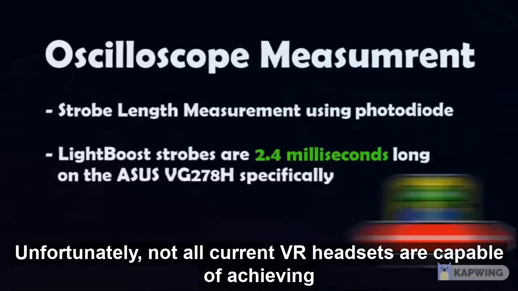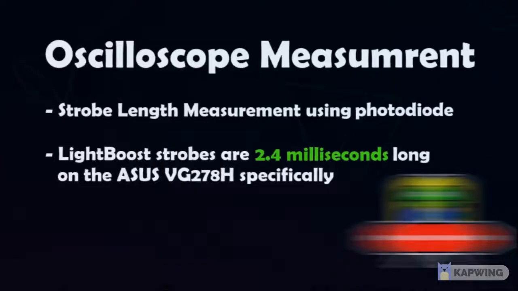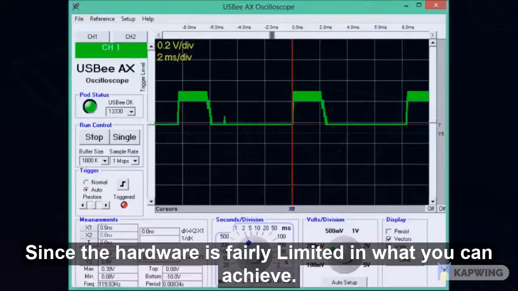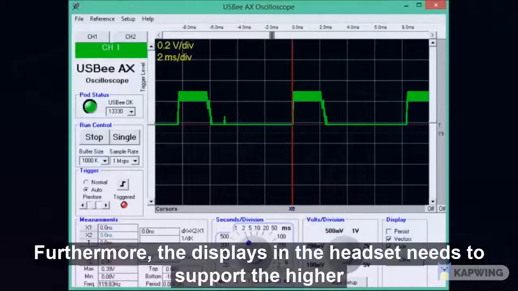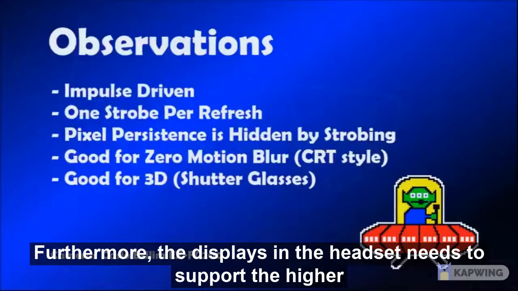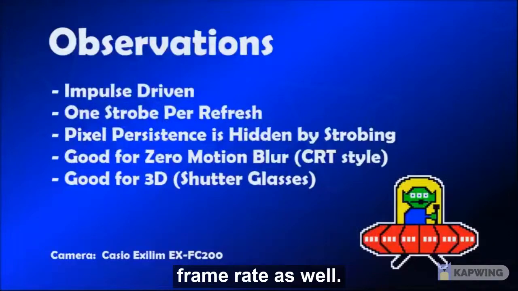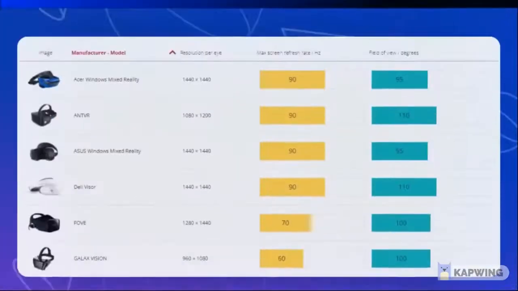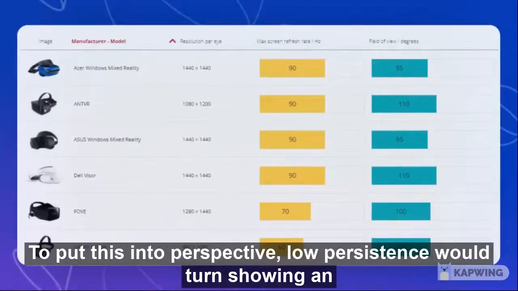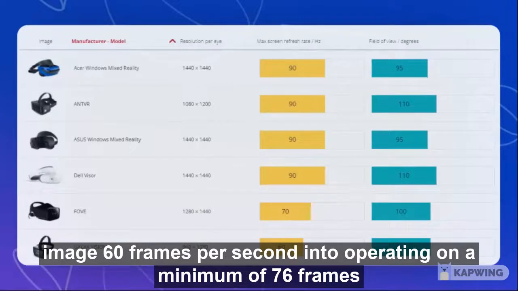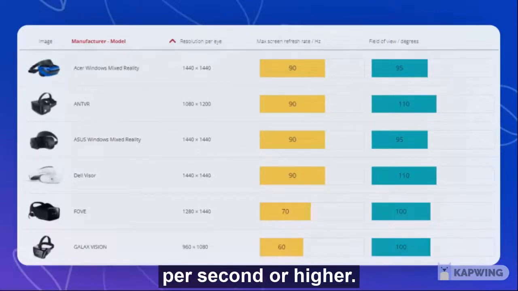Unfortunately, not all current VR headsets are capable of achieving higher refresh rates, since the hardware is fairly limited in what it can achieve. Furthermore, the displays in the headset need to support the higher frame rate as well. To put this into perspective, low persistence would turn showing an image at 60 frames per second into operating at a minimum of 76 frames per second or higher.